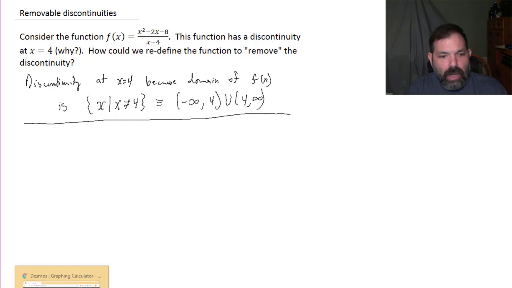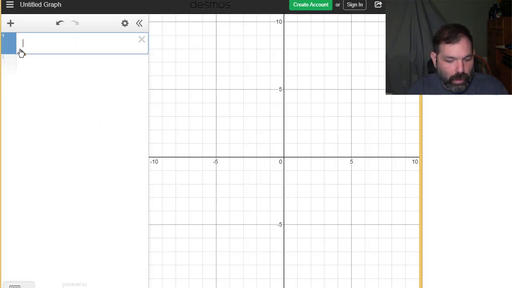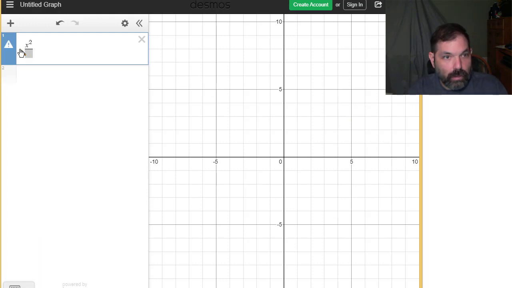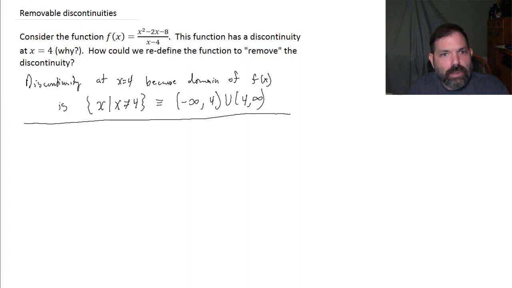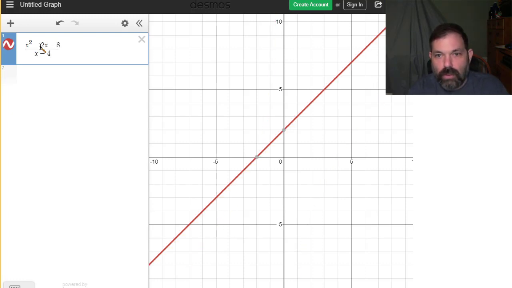All right, so let me graph this in Desmos. I have the function x squared minus 2x minus 8 over x minus 4. You might say, well, gosh, that looks just like a line. There's no vertical asymptote at x equals 4. Why is this happening?